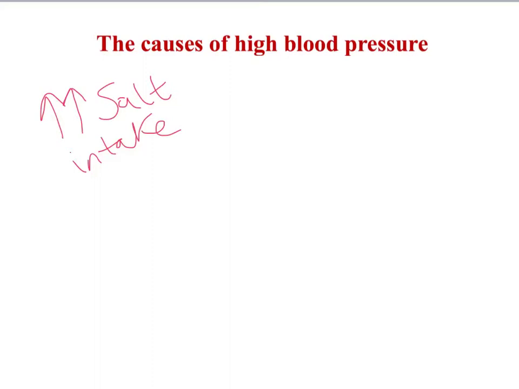The body actually retains more water and the blood volume is increased when our salt intake is increased. So an increased level of salt can contribute to high blood pressure. One of the causes actually mentioned before is atheroma, which is a buildup of a fatty plaque in the wall of the arteries.